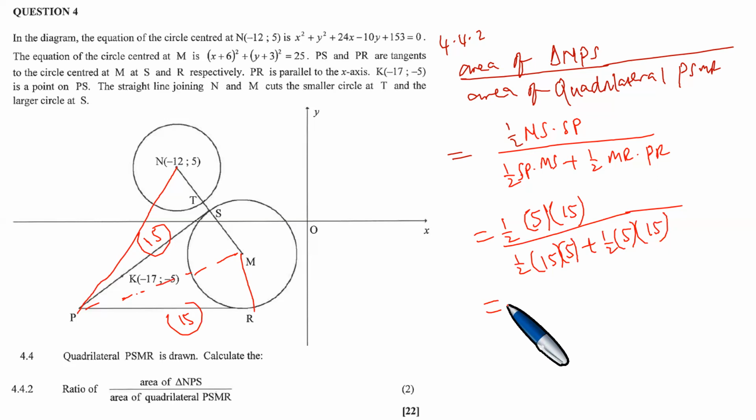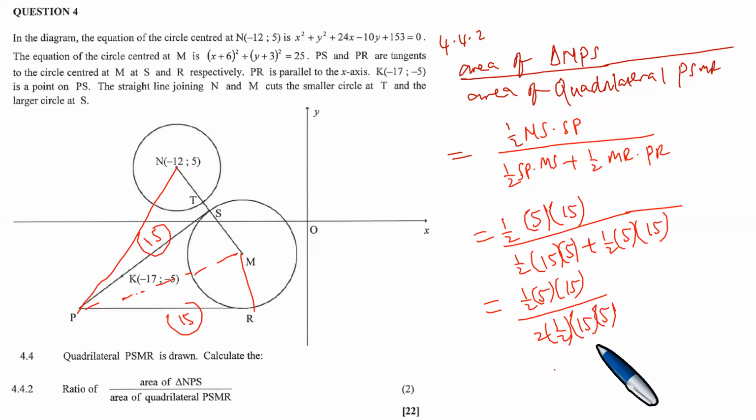So in the end, then you have the following: half, 5, and 15. You divide everything by 2 because these things are like terms. So these things now cancel out, giving us what? 1/2.